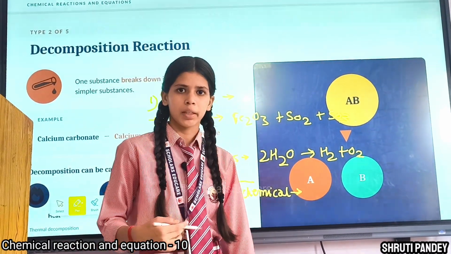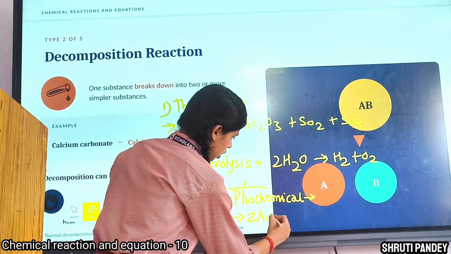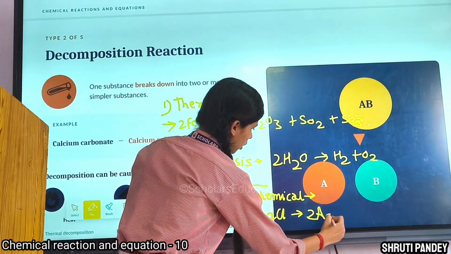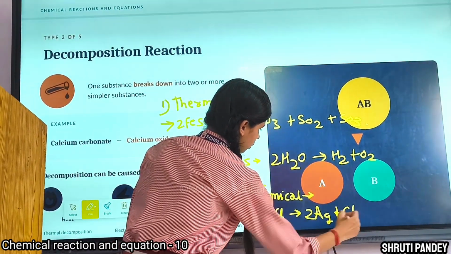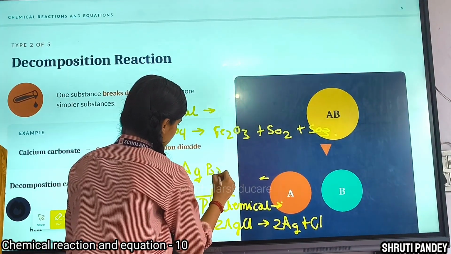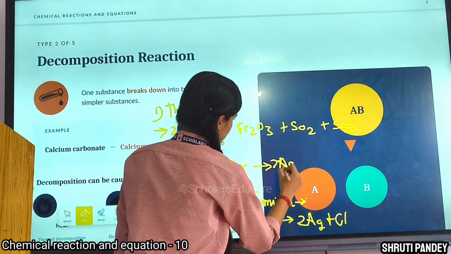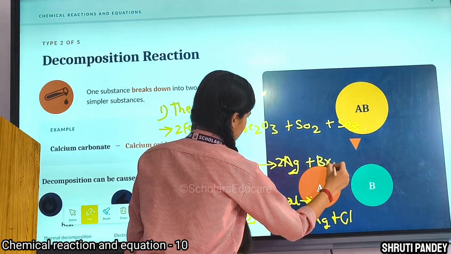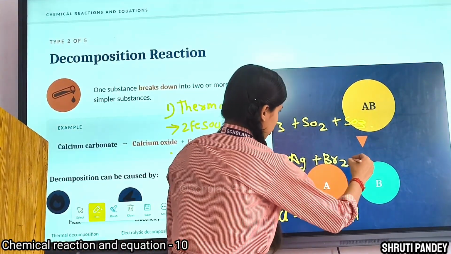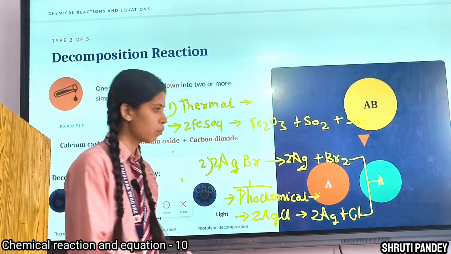And if you take the example of photochemical decomposition, it is 2 silver chloride gives 2 silver plus chlorine, and 2 silver bromide gives 2 silver plus bromine. So this is the example of photochemical reaction, and both of these reactions are used in black and white photography.